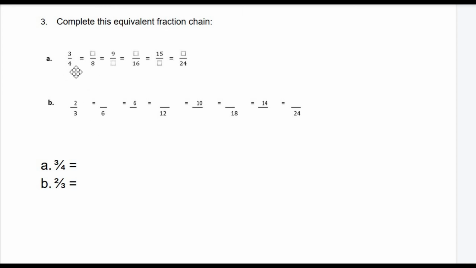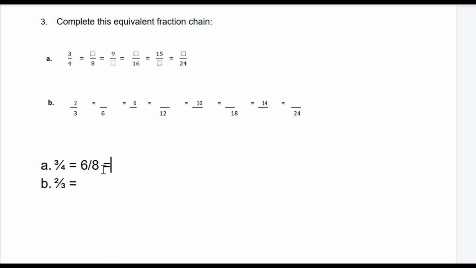Now, what number do we multiply 4 by that we get 8? It is 2. So we both multiply 3 and 4 by 2. 3 times 2 is 6, and 4 times 2 is 8. So here we say 3 out of 4 equals 6 out of 8.